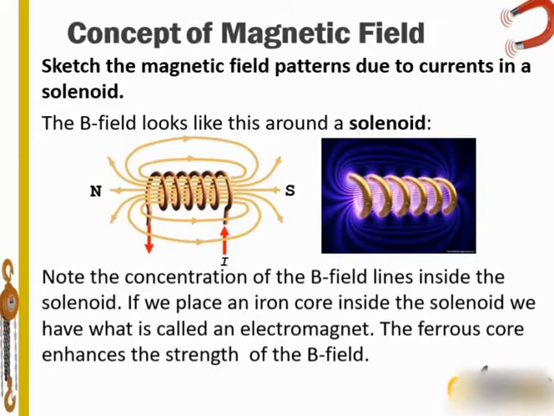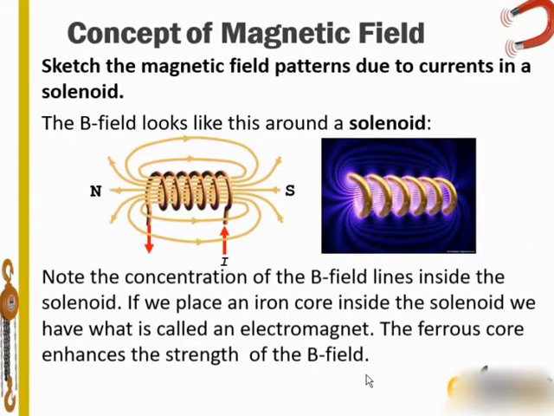So in other words, by passing a current through a coil to produce a magnetic field, and then putting an iron core in the middle, you've essentially increased the strength of the magnetic field coming from that solenoid.